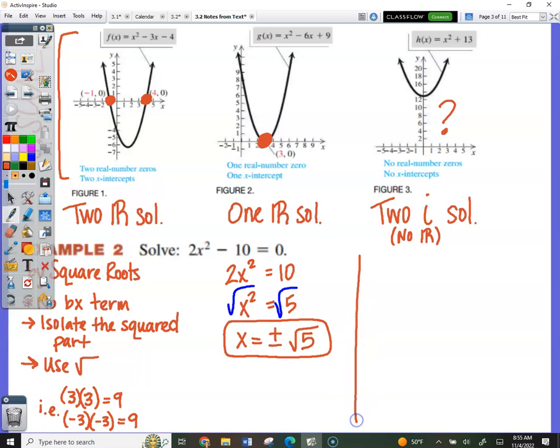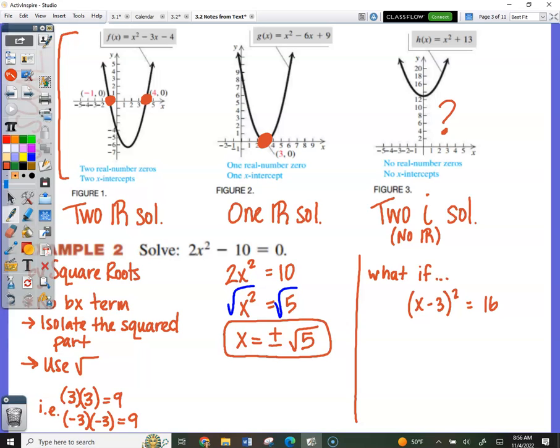I'm going to draw a line, and I'm going to say, what if you had x minus 3 squared equals 16? And I said to solve that by square roots. Well, first of all, you might think, well, the bx term is in there. How are you going to solve by square roots?